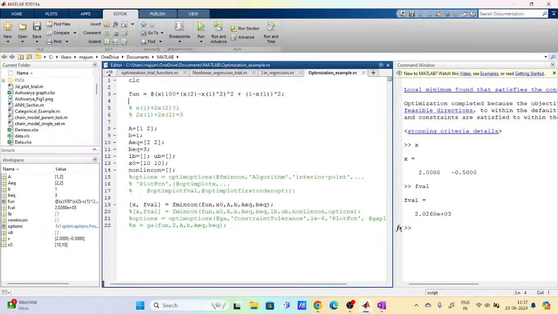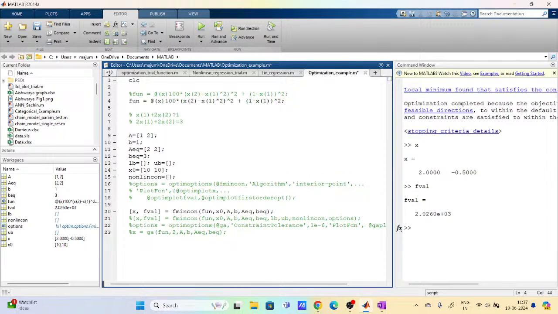I am going to reuse the function. Our new function is this: 100 times x2 minus x1 square, whole square. Yes, the same one. This same function, no need to write this one. The same function is used here.